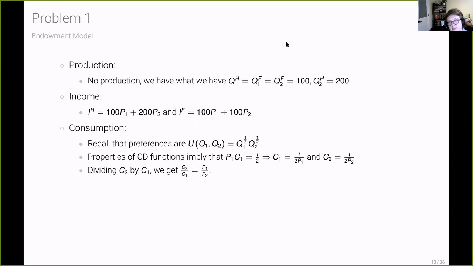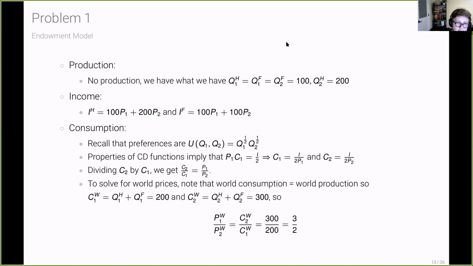Where this is going to be useful is that we're going to be able to use this to solve for world prices. If we want to solve for world prices, we just need to note that when we add up all of the consumption in the world, it has to be equal to whatever the world is producing, or in this case, the world's endowment is probably closer to the word we should be using here.